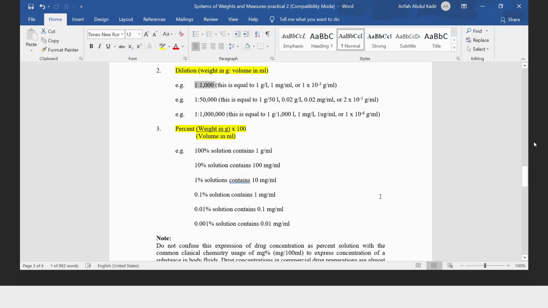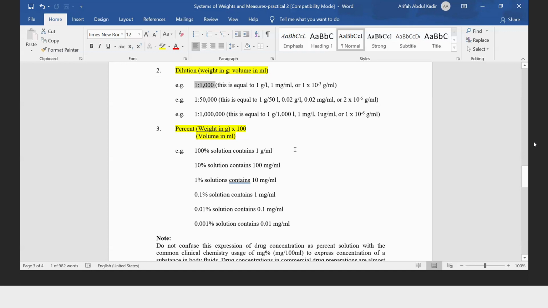Doctor, I don't understand. You don't understand. 1 gram, put a 1 here and divide by 1 times 100. What's the percentage? 1 divide 1 times 100 is 100. So this is the formula. 1 gram in 1 ml refers to 1 gram of drug in 1 ml of solution, which gives you the 100% solution.